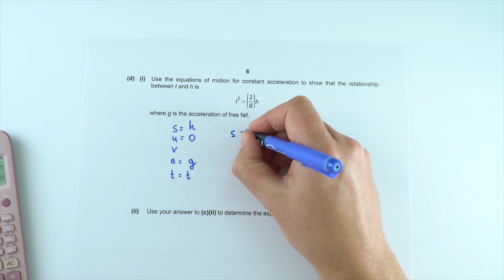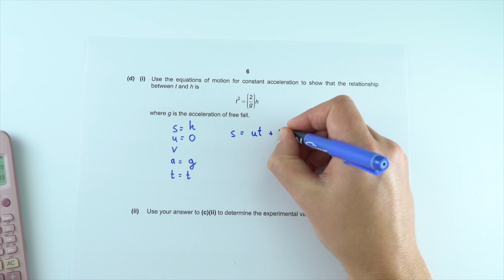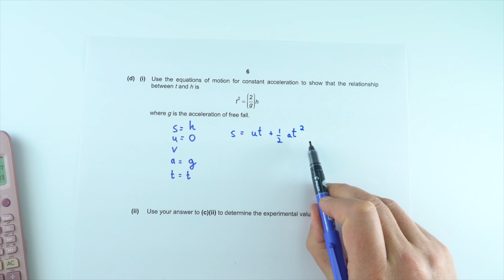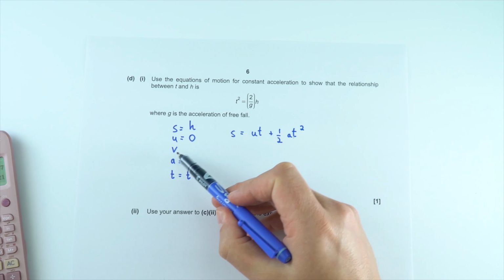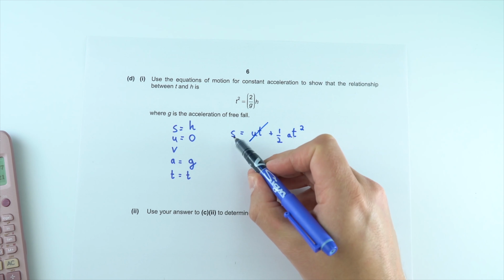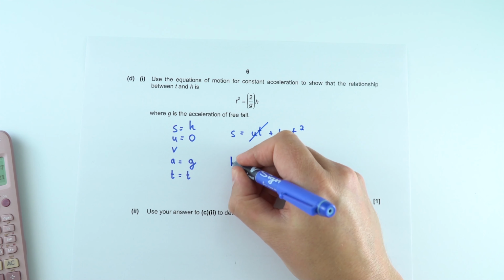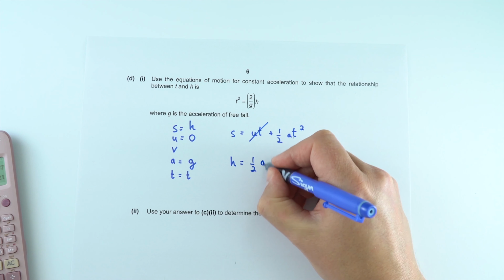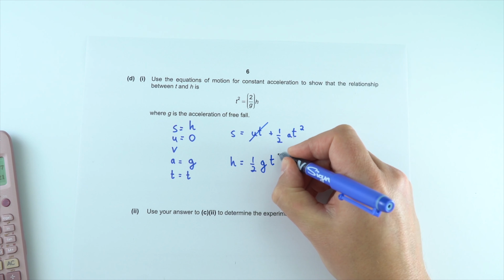The one we're going to use is S is equal to UT plus a half AT squared. So that's my SUVAT equation. We're then going to start realising that basically U is 0, so this term goes to 0. I'm going to replace the S with H. That's equal to a half times A, which is G, times T squared.